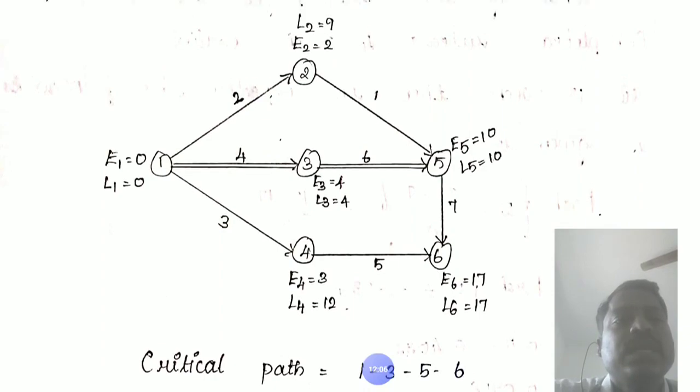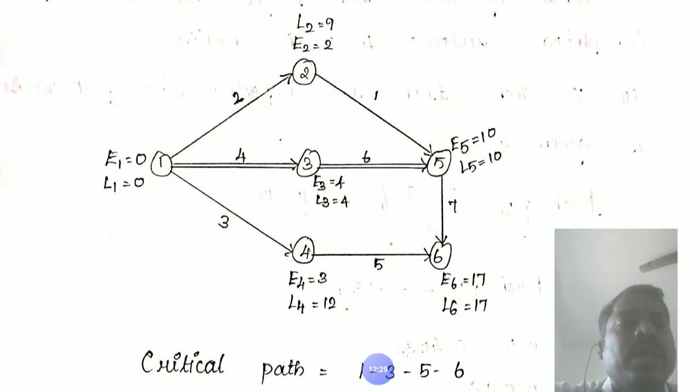Therefore the critical path is 1 to 3, 3 to 5, 5 to 6. Which nodes have the same earliest time and latest time? Those are on the critical path route.